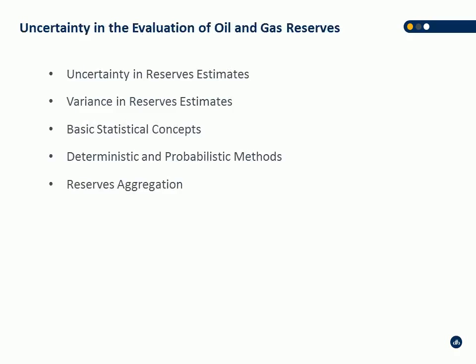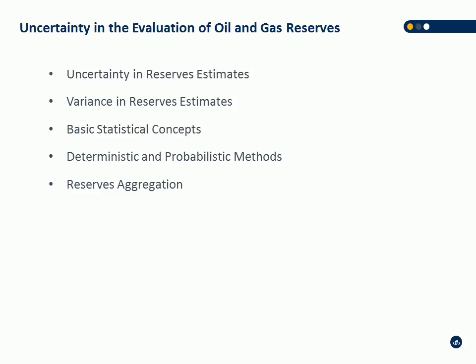There's a specific section on uncertainty in oil and gas reserves. This is really talking about statistics, and it gets into deterministic versus probabilistic methods, why they're used, how they're used. From a very high level, like I said earlier, the vast majority of evaluations use some sort of deterministic approach. Very few evaluations that have a reasonable amount of data will use a probabilistic approach.